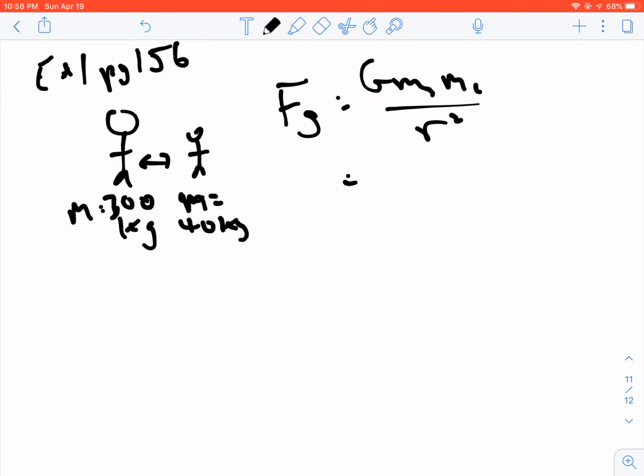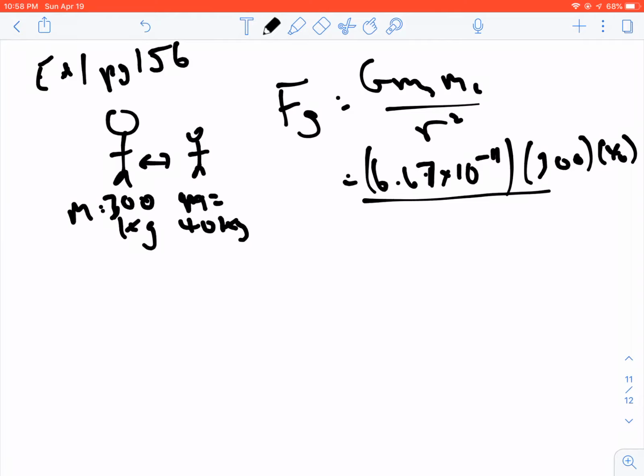And if you put in your numbers, again, make sure you're trying this on your calculator. 6.67 times 10 to the power of negative 11 times 300 kilograms times 40 kilograms divided by their separation distance.